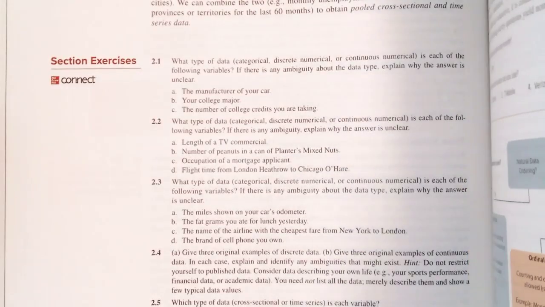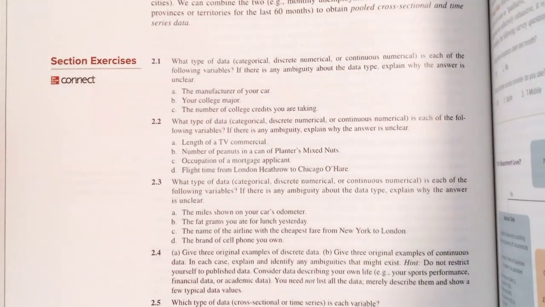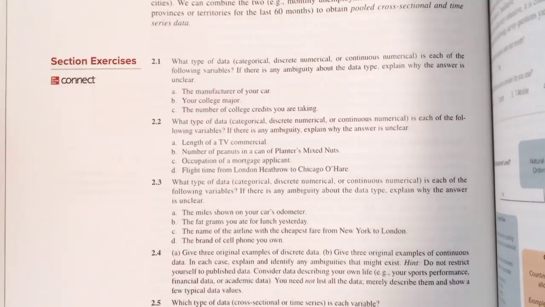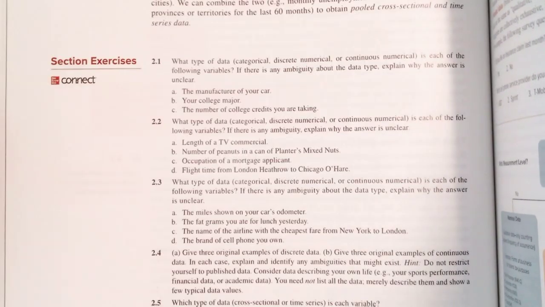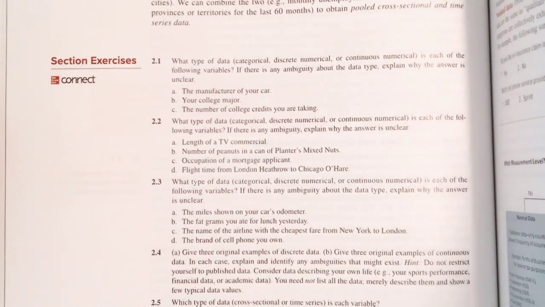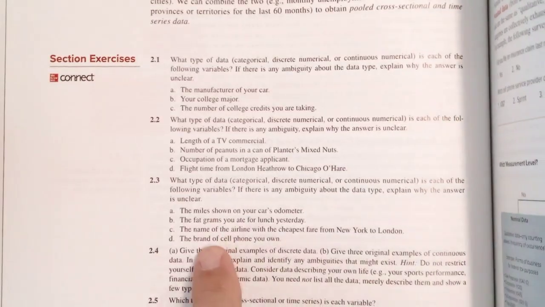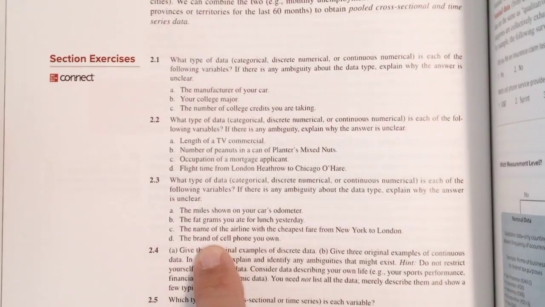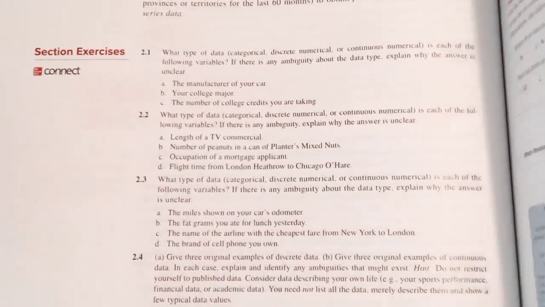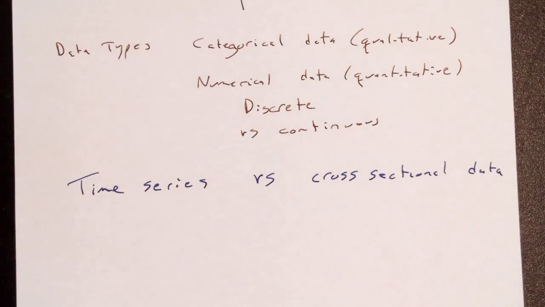If I round off, it definitely becomes discrete, but it's probably continuous at the beginning. I can make it discrete. I can't go the other way, but probably. Good catch. The brand of cell phone you own. No numerical rate to those.